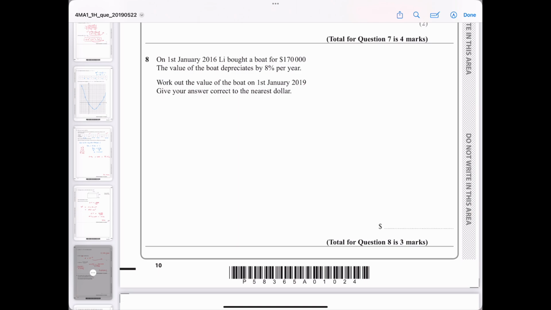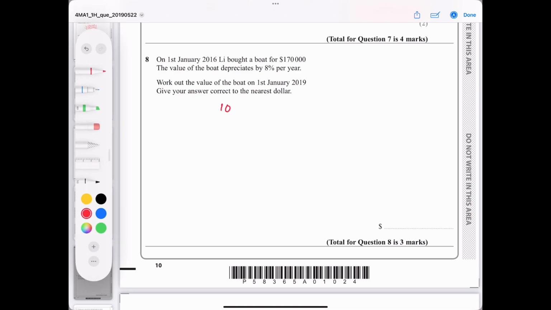So what you're going to do is you're going to say her boat was 100%, and then we took away 8%. So it ended up as 92% after a year of what it was worth. We're going to make that into a multiplier by dividing it by 100. And then we're going to times the amount that the boat cost by 0.92.